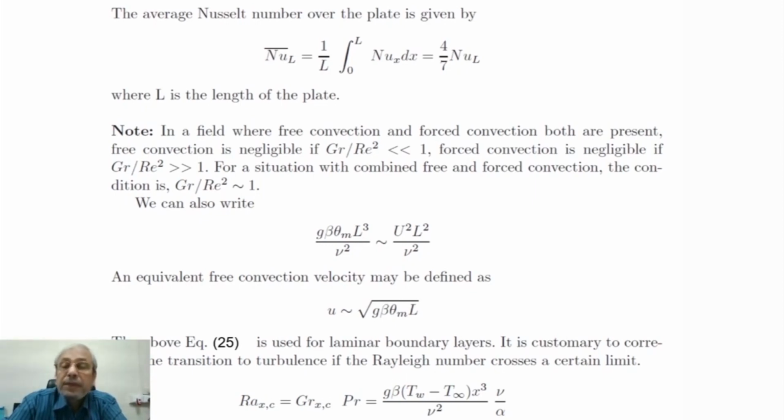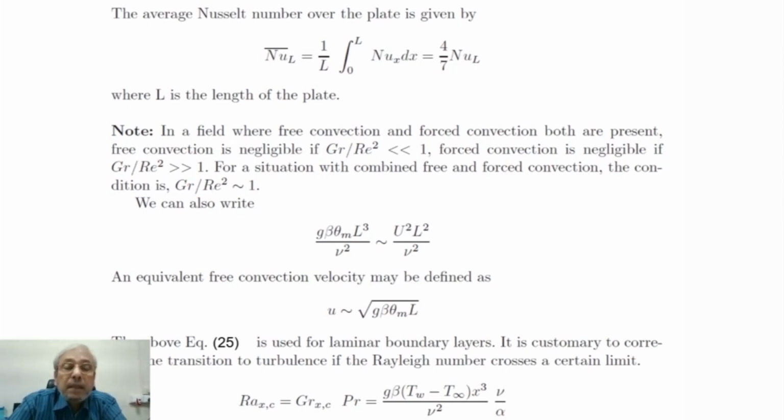Forced convection, on the other hand, is negligible if Grashof number by Reynolds number squared is much greater than 1. For a situation with combined free and forced convection, the condition is that Grashof number by Reynolds number squared is of the order of 1.